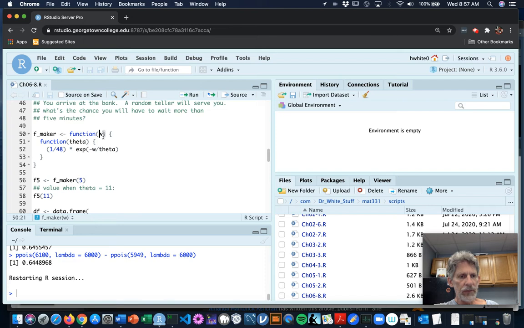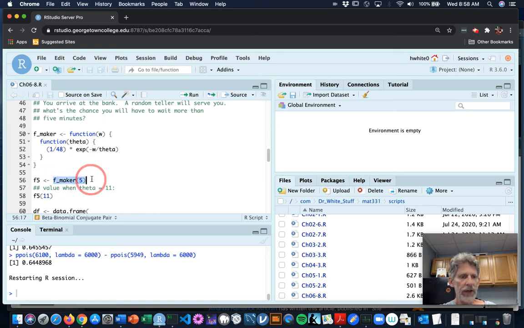And inside the braces here that start here and end here, all it does is construct a function of theta, which is 1 over 48 times e to the minus w over theta. So fmaker is a function where you give it a number and it will return a function.